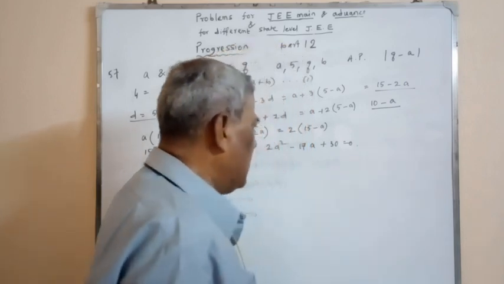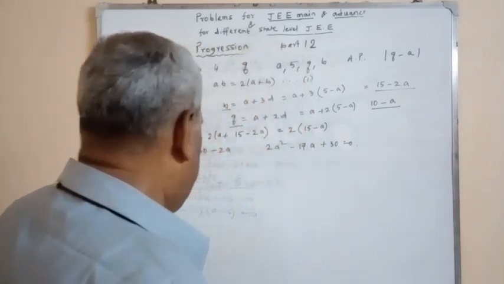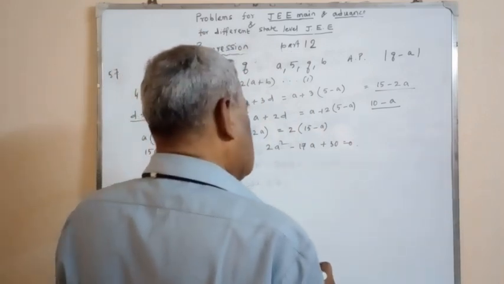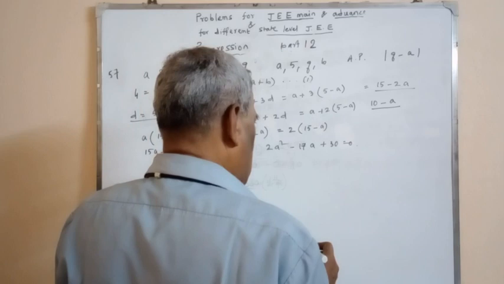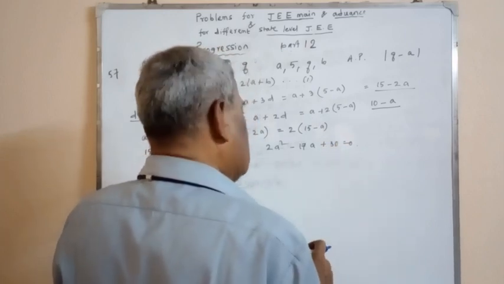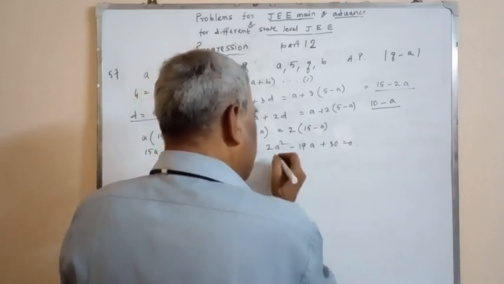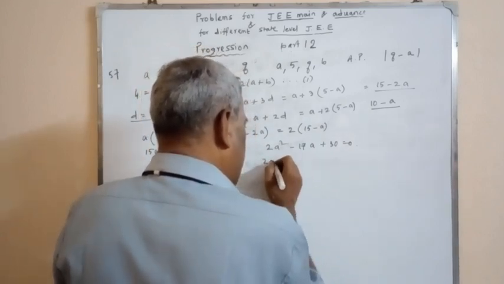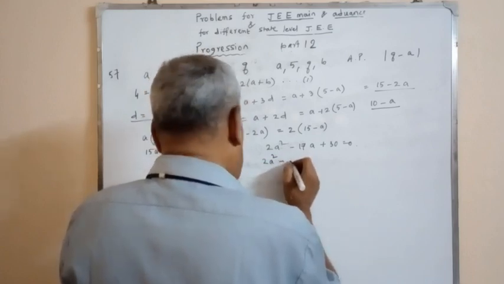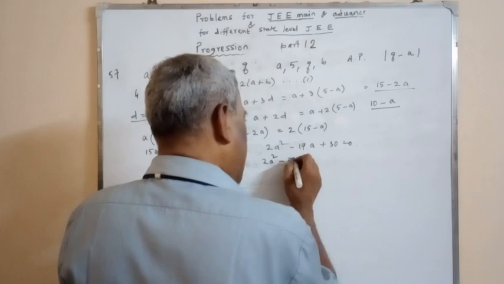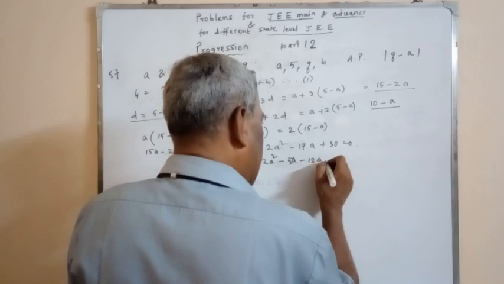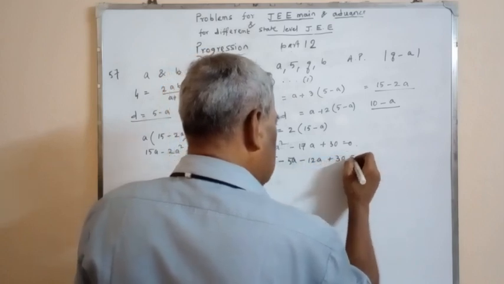So it is actually 2a square minus 5a minus 12a plus 30 is equal to 0.